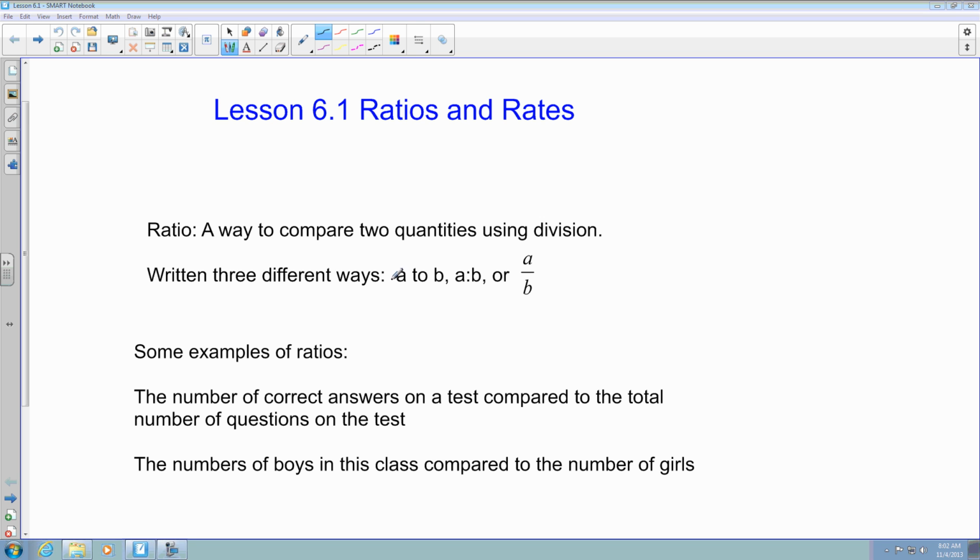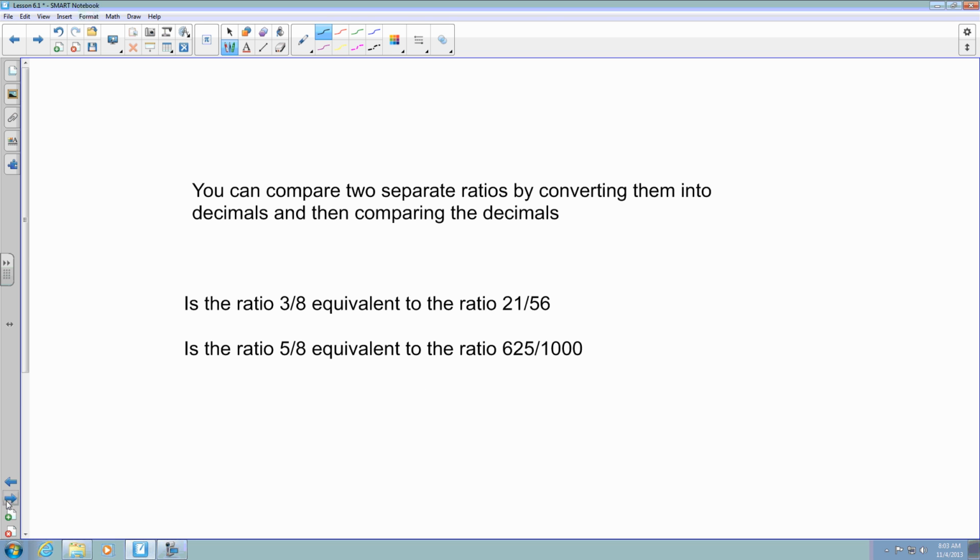Say A in this case would be the population of boys in a classroom, and B would be the number of girls in that same classroom. So we can say the ratio is A to B, whatever, 22 to 16 or something like that. So that's how we identify ratios.